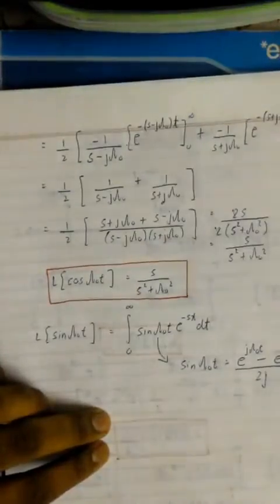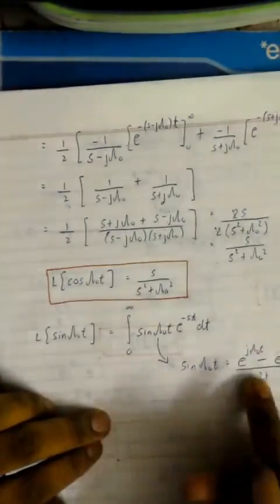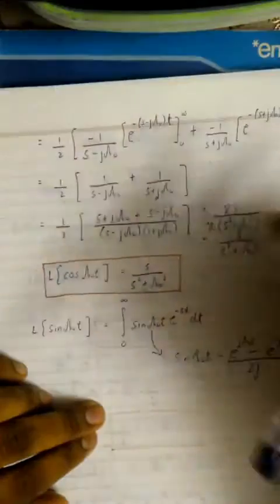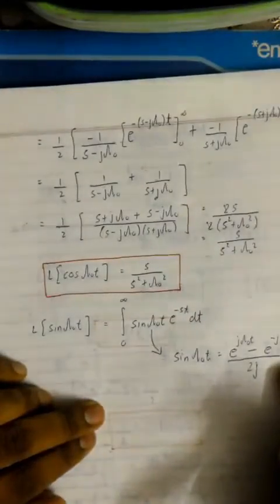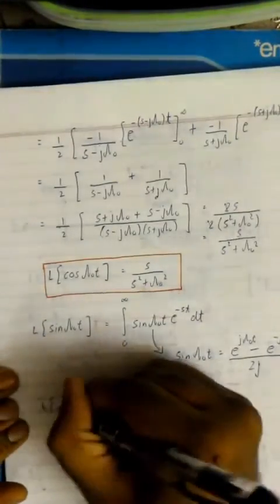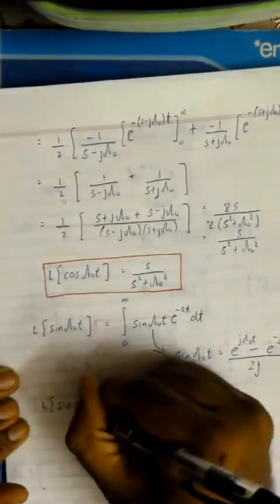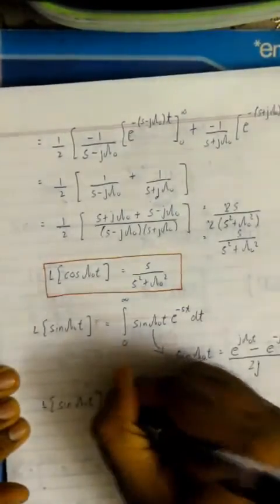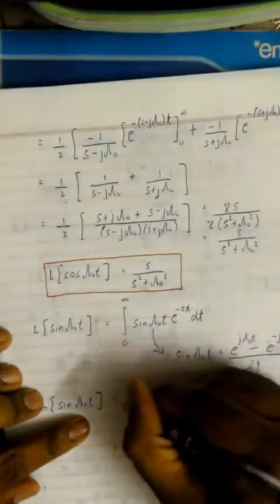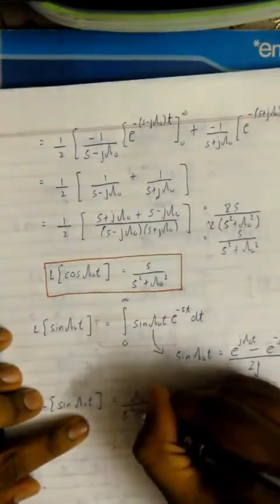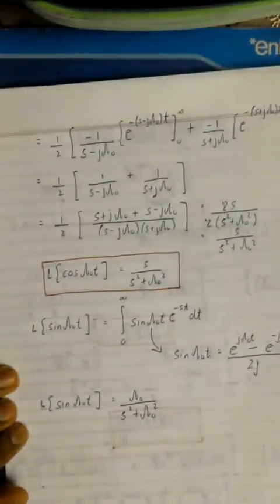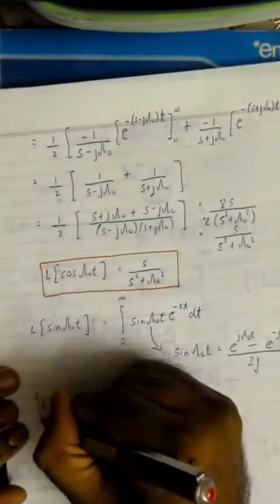All you need to do is substitute this equation over here and proceed as before, and finally you will get the Laplace transform of sin ohm 0 t is equal to ohm 0 by s square plus ohm 0 square. So that is your next equation.